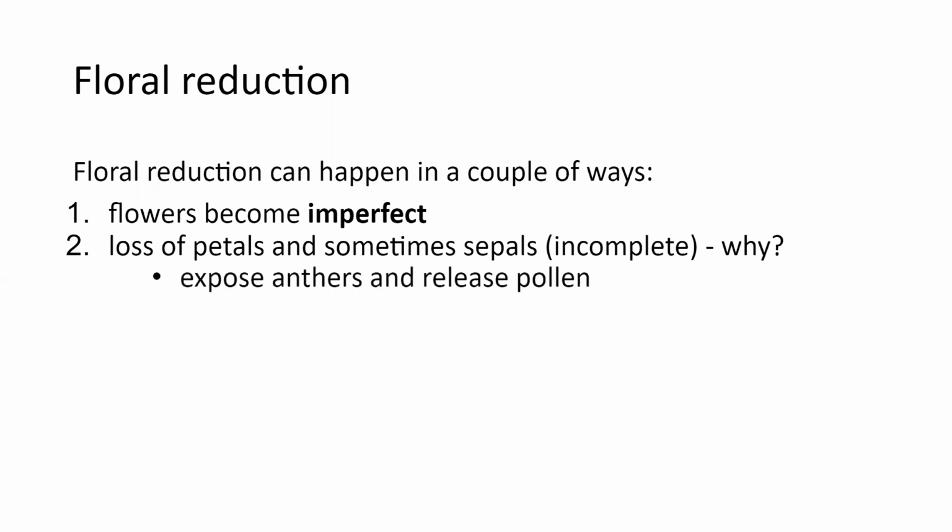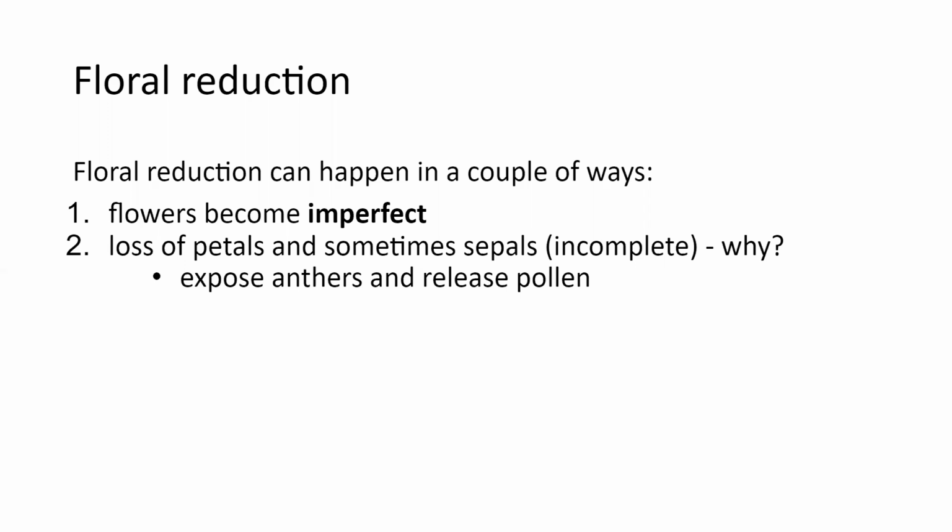So why would you have an incomplete flower? If you have flowers that are missing sepals or petals, the advantage, like we saw in the beech photo in the last slide, is that the anthers are now exposed. Most pollen, especially in trees, is windborne. It's very, very small. In some ways, the petals and sepals get in the way of how far that pollen can travel.